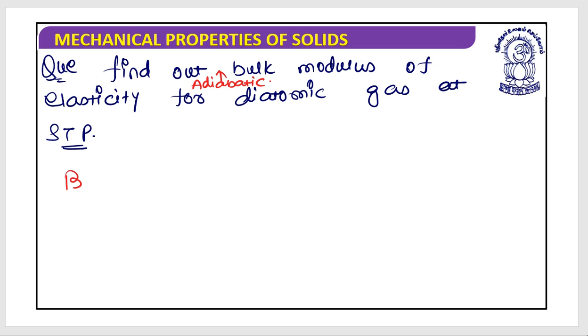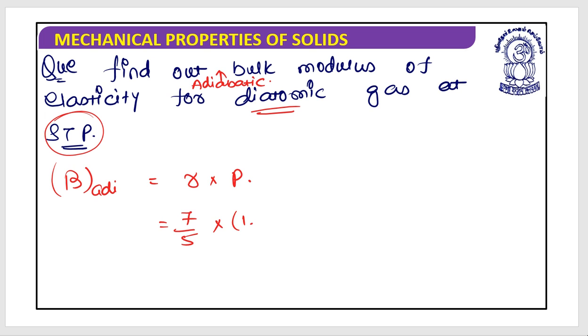So B adiabatic would be given as gamma times pressure. They have asked at standard temperature and pressure, so it would be 1 atm, or 1.01 into 10 to the power 5. Which gas is it? It's diatomic. So diatomic has gamma equal to 7 by 5, multiplied by 1.01 into 10 to the power 5.